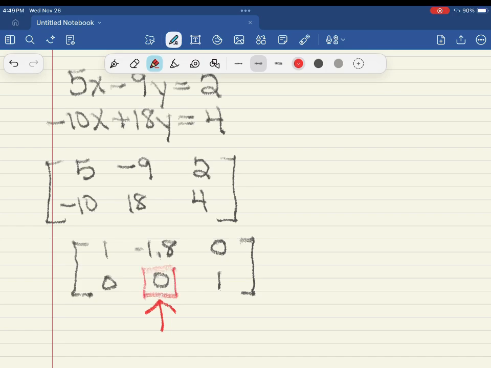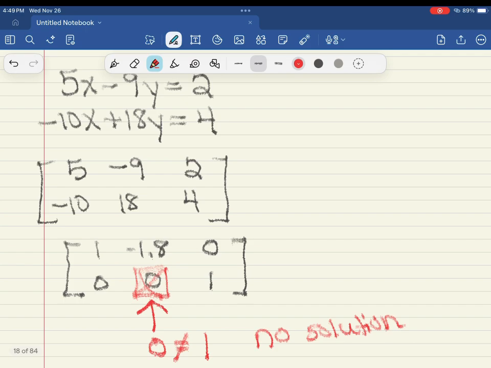So they're telling me that my Y is 0. So if 0 is the Y and it's equal to 1, that can't be true. 0 is never equal to 1. That's why this is no solution. Because in the Y column I have a 0, so 0 times Y is 0, and they're saying that 0 is equal to 1. That's never going to be true.